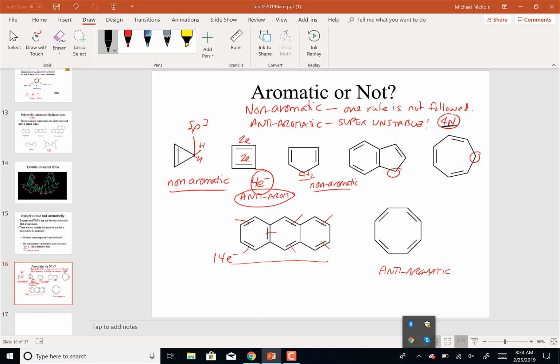Cyclooctatetraene would also be anti-aromatic, given its structure, except it isn't. It basically contorts out of the ring so that it's not anti-aromatic. It has the flexibility to do that. Cyclobutadiene doesn't.